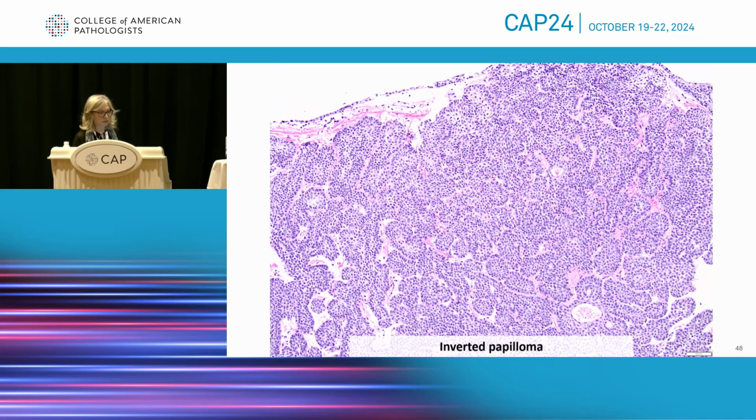And typically, remember, inverted papilloma needs to have a smooth surface, and should not have a surface exophytic component. If there is both an exophytic and an endophytic component, think of either PUNLMP or an inverted low-grade urothelial carcinoma at this point, or urothelial carcinoma in general, because inverted papilloma per se should have a smooth surface.